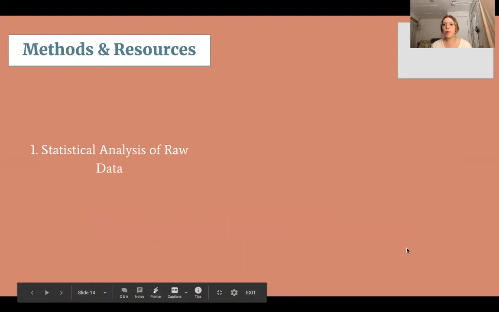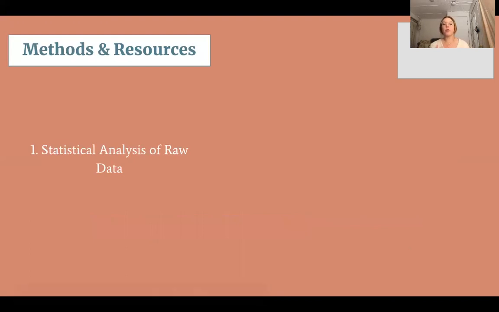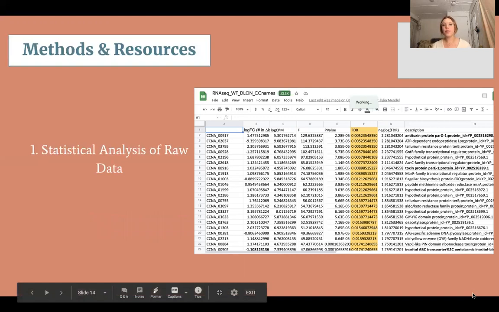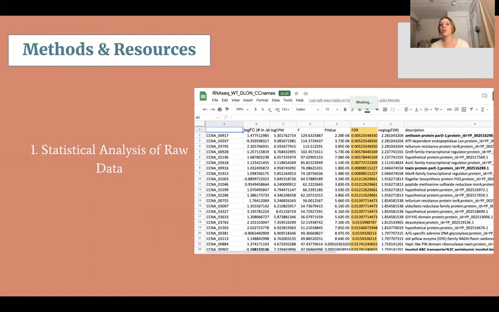So how I'm going to go about this project is that I have a couple of methods. One, I have a statistical analysis of raw data. This is basically an Excel sheet that compiles all the genes in Caulobacter crescentus, this specific model, and we talk about the p-value and whether or not we want to accept the differences in RNA or Tn sequencing data.